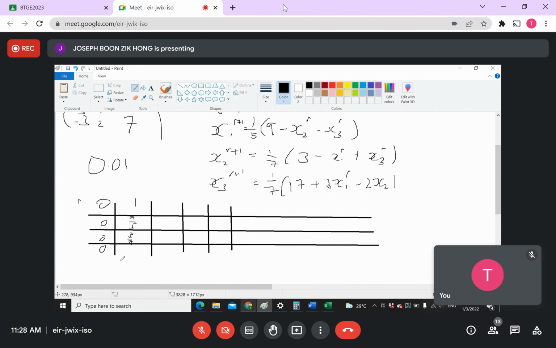This one will be 17 over 7, because the rest all is 0. Then now you may continue with 2. Okay, 2 it will be. So you have to put in your x2 3 over 7, x3 17 over 7 in order to get the x1 2.